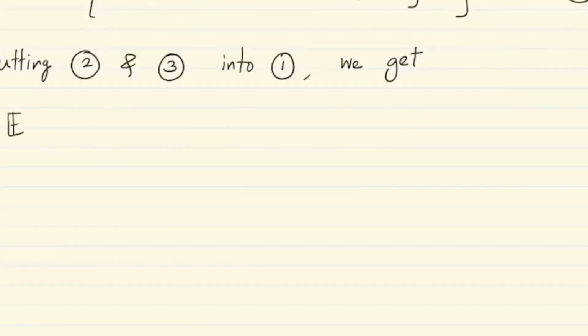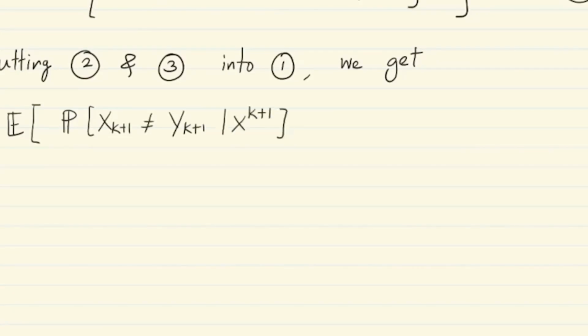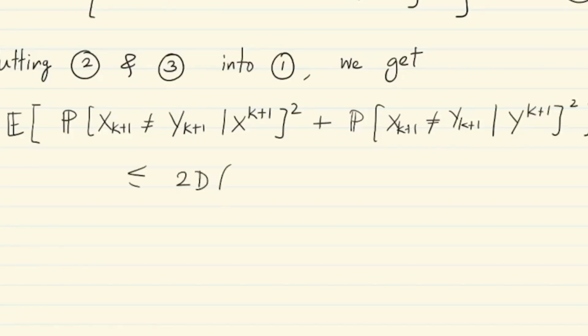this following simple form: the expected value of p, the conditional probability of discrepancy at the k plus first position, given the entire x vector, plus p of xk plus 1 not equal to yk plus 1, the same conditional probability given the entire y vector up to k plus 1, is at most the divergence between the conditional measure qk plus 1 given y1 through k with respect to pk plus 1, conditioned on qyk.